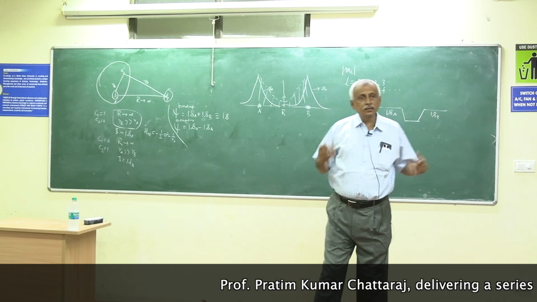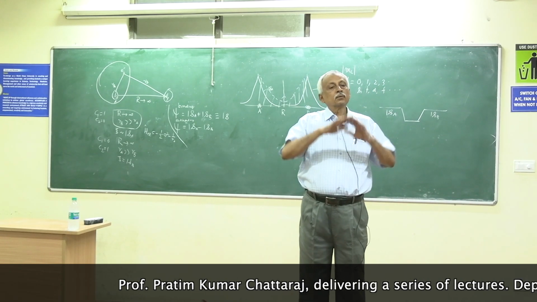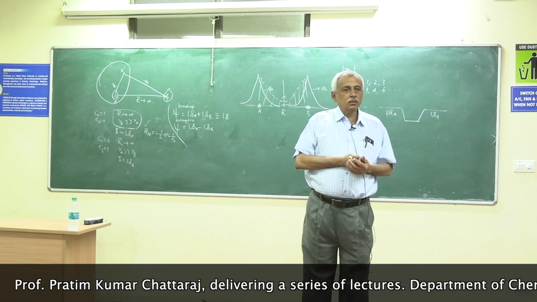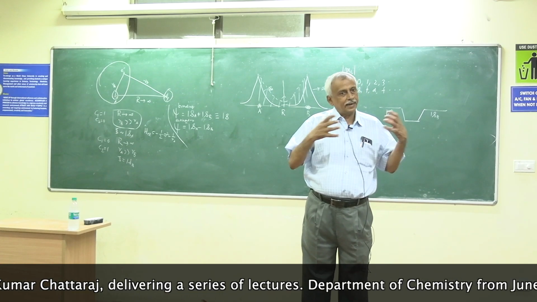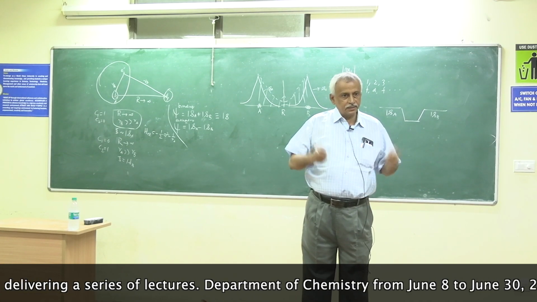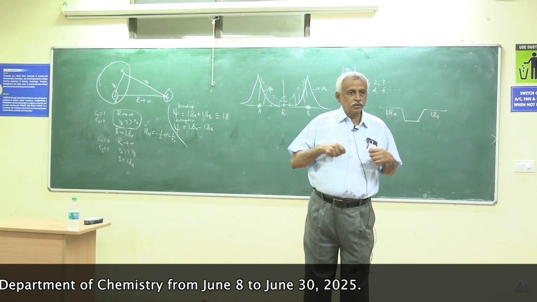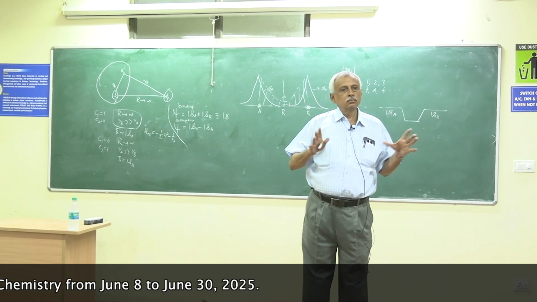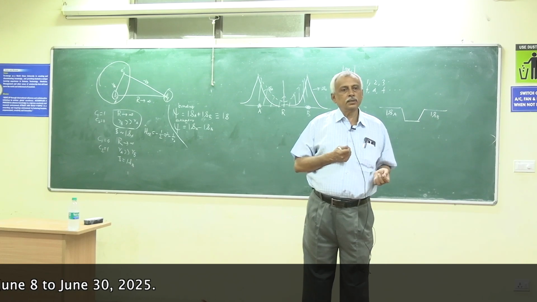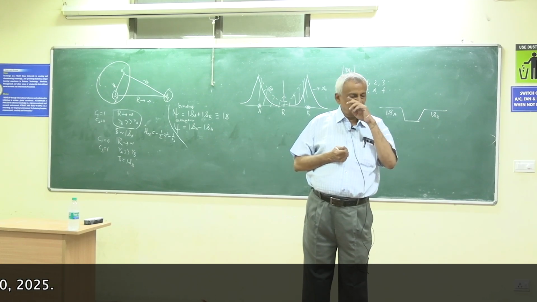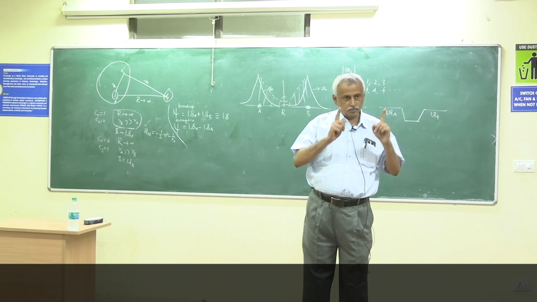In order that L should be a good quantum number, the potential should be spherically symmetric, which is true for atoms, because it has a central potential. The electron-nuclear potential energy doesn't depend on the angular variables. Of course, you have to remember, one electron problem.